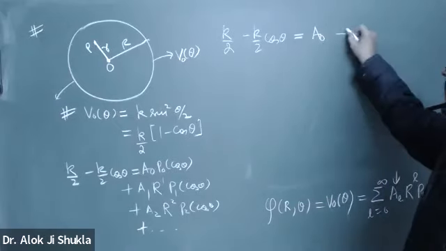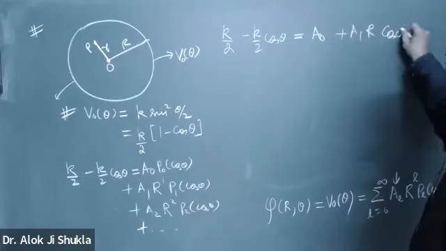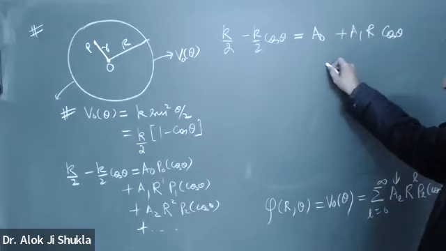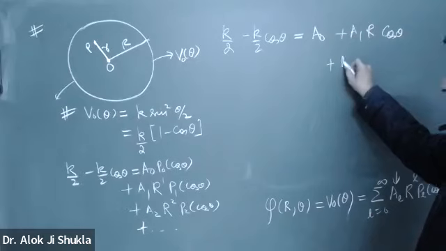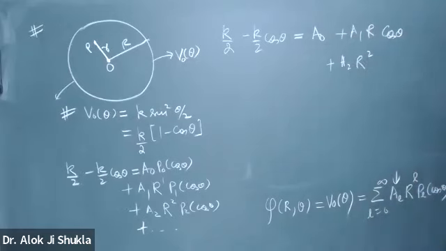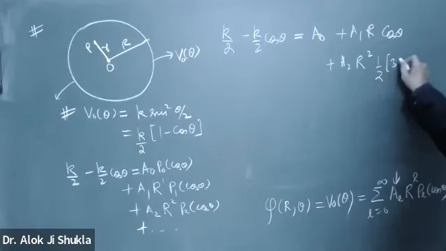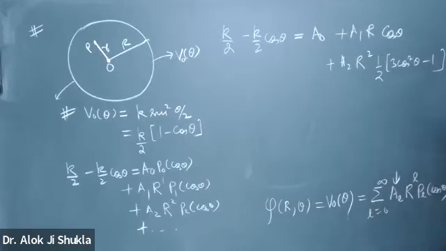The second term is A1 R, P1 cos theta is cos theta, and other terms are plus A2 R square. What is P2 cos theta? Half of 3 cos square theta minus 1. Check it once. Is it okay?